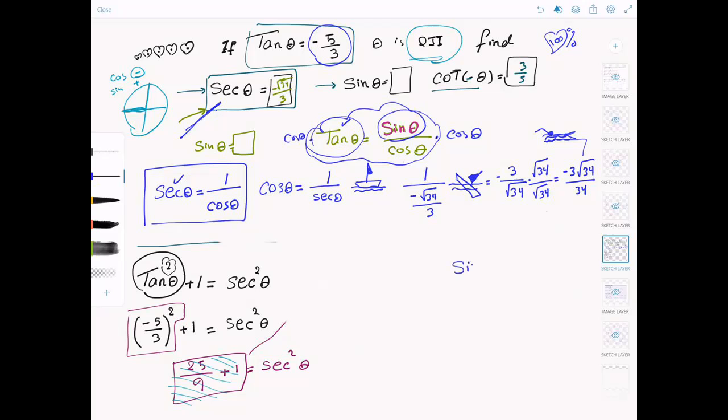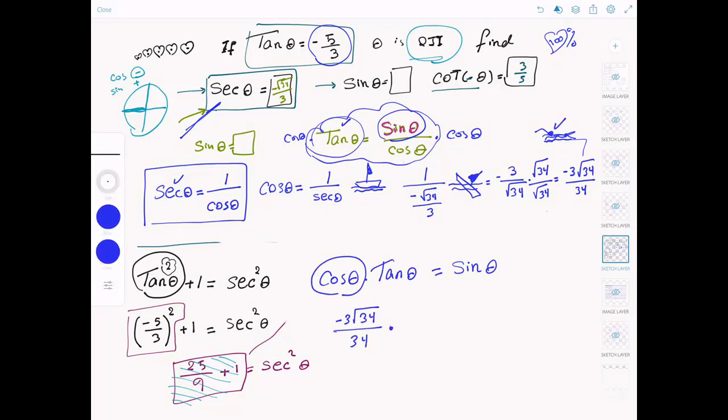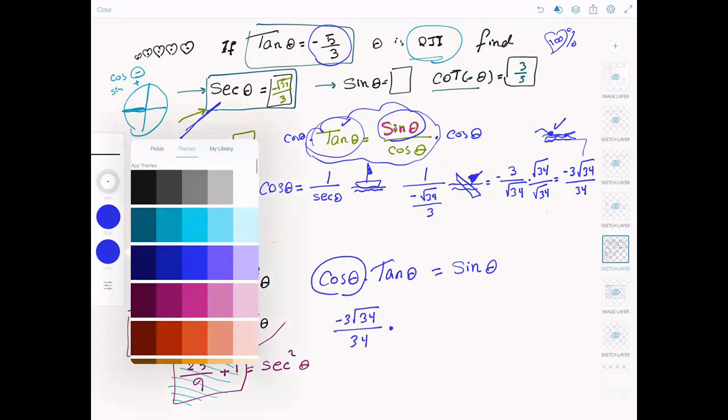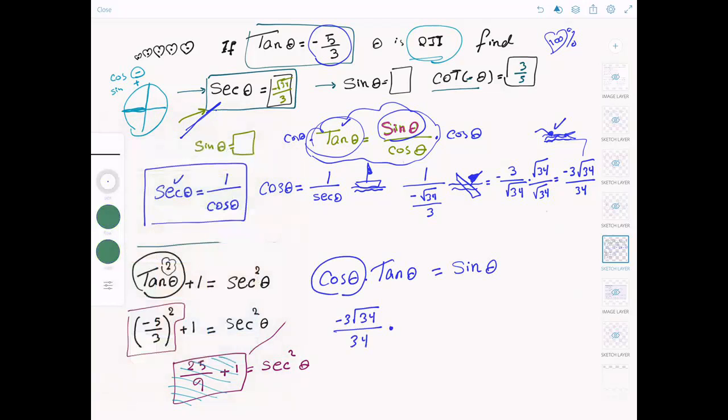Then sine of theta equal to cosine of theta times tangent of theta. Cosine of theta is negative 3 root 34 over 34, multiply tangent, which is negative 5 over 3.